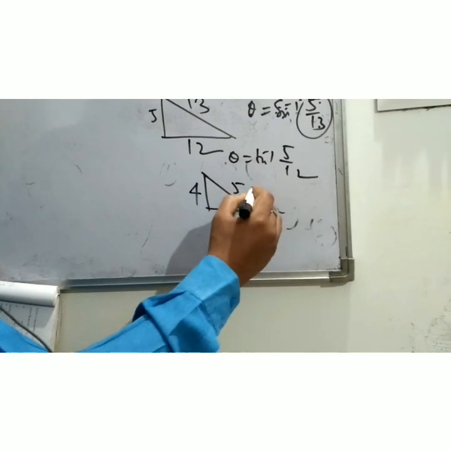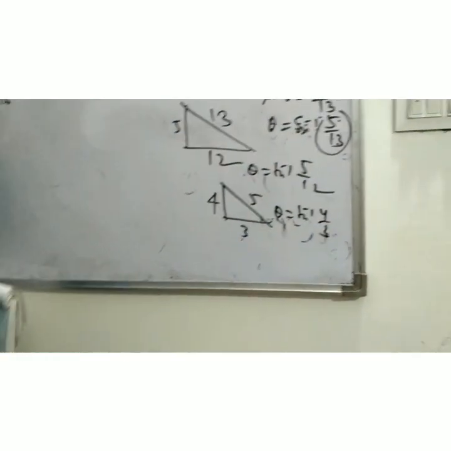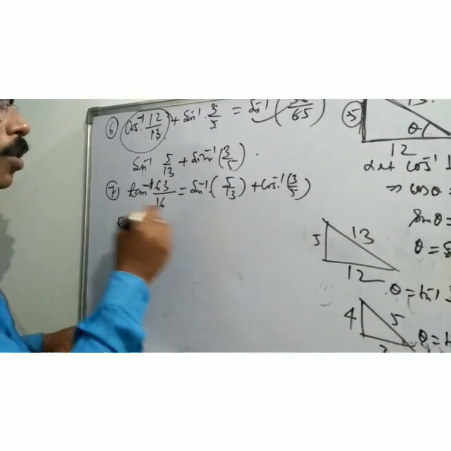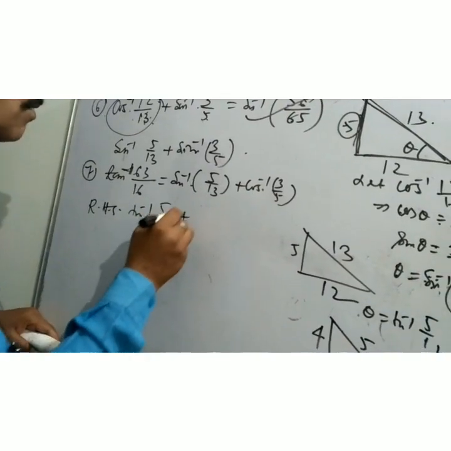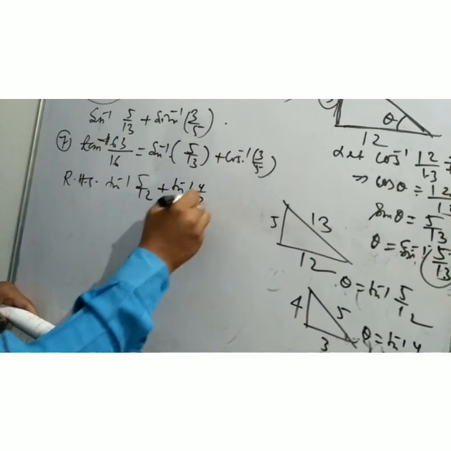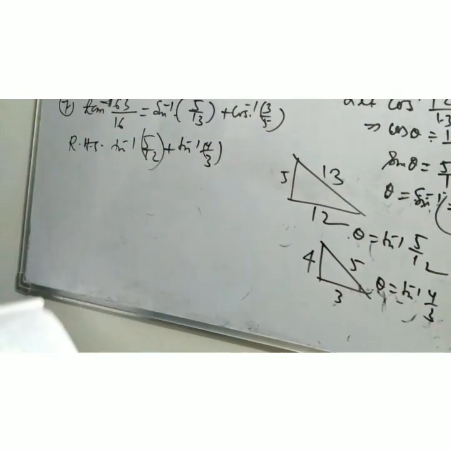So in tan inverse form, theta is equal to tan inverse 4 by 3. So the RHS portion will be tan inverse 5 by 12 plus tan inverse 4 by 3. So using the tan inverse x plus tan inverse y formula, you can easily find this value.